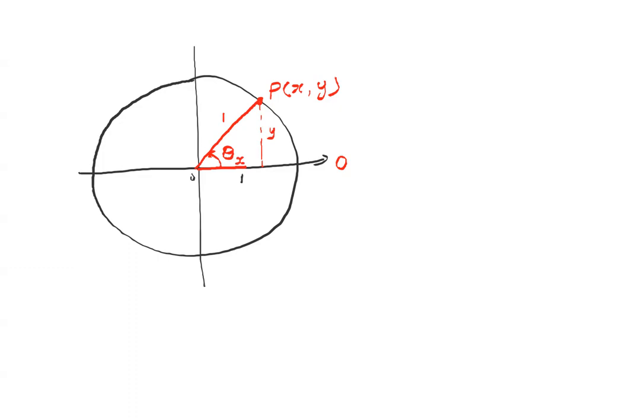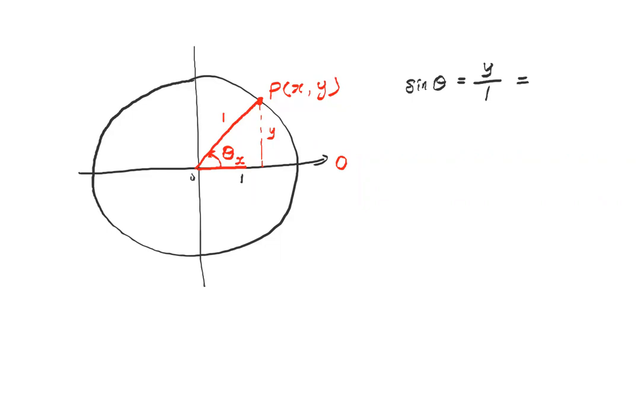Am I right? So now, if you look at the triangle, sin of an angle is equal to, by definition, opposite over hypotenuse, correct?